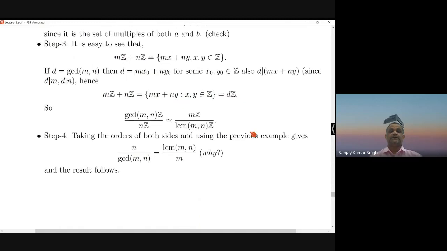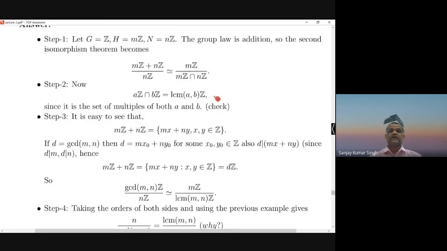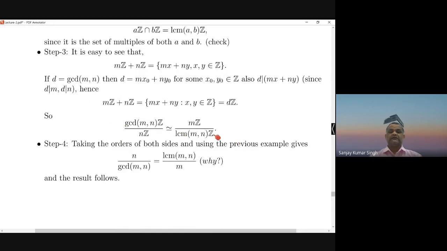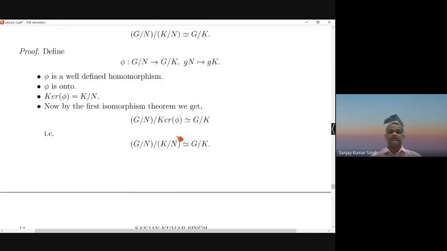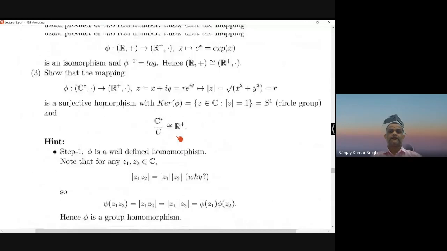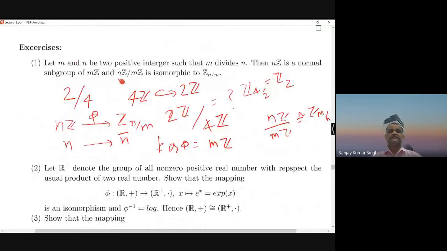And hence, now from both sides, apply the cardinality argument. The cardinality of this is the same as the cardinality of this, but the cardinality of this is the same as n by GCD of m and n. We have just proved what the cardinality of this set nZ by mZ is.